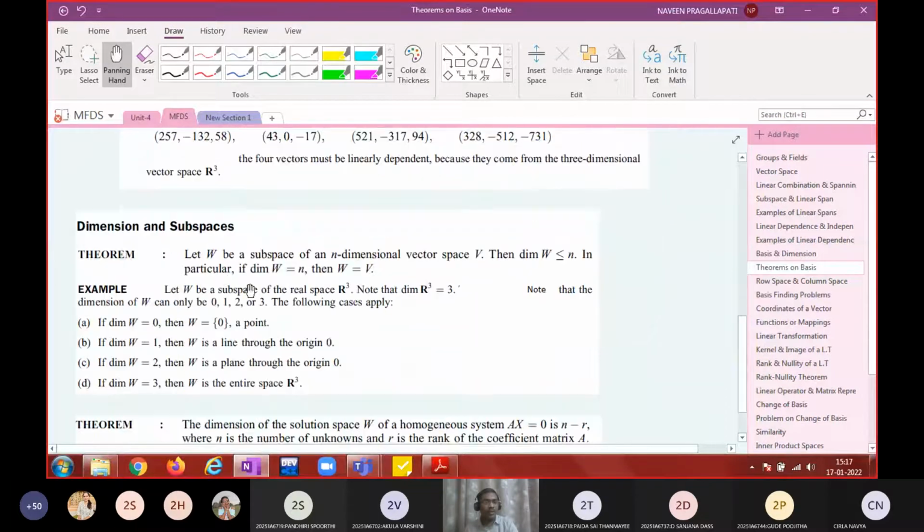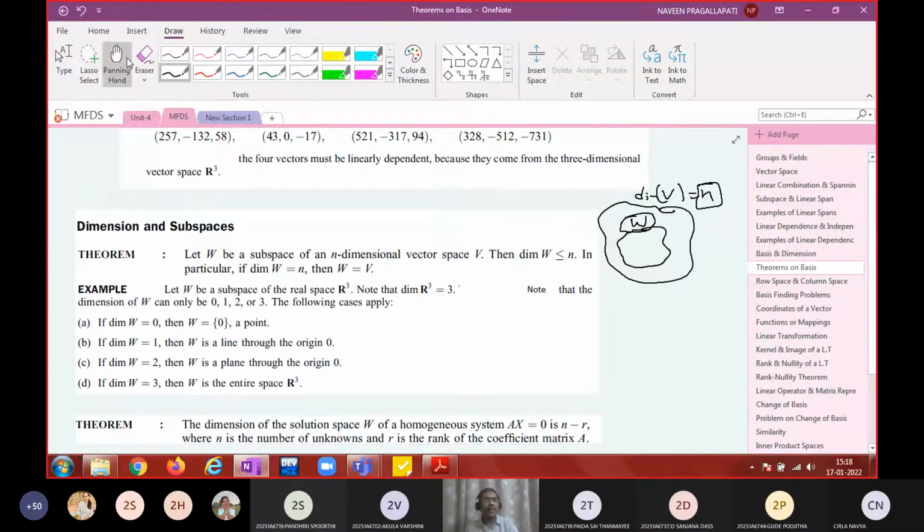And you can see, if I have a space V of dimension n, and you take a subspace W of V, what will be the dimension of W? Can it be more than n? Can the dimension of a subspace be more than the dimension of the space?